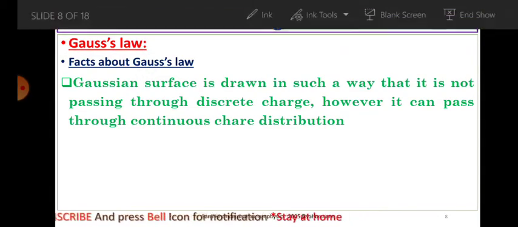But when you are drawing any Gaussian surface, be careful that it is not passing through a discrete charge. For example, suppose I have such charges, then don't draw the Gaussian surface something like this. What is the meaning of this?